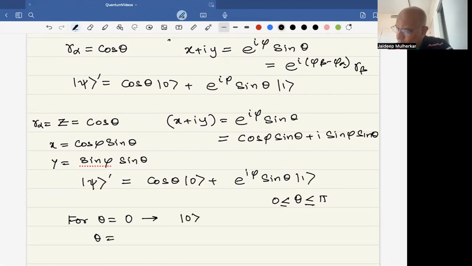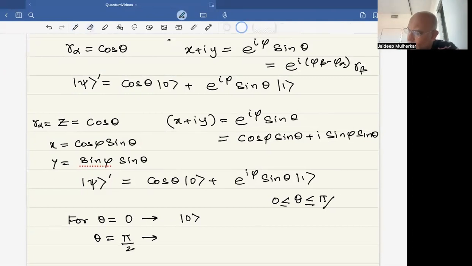And for theta equal to pi, we get minus... so when theta is equal to pi, or rather pi over 2, say, when theta is pi over 2, we'll get e to the i phi times ket 1, which is equivalent to ket 1.